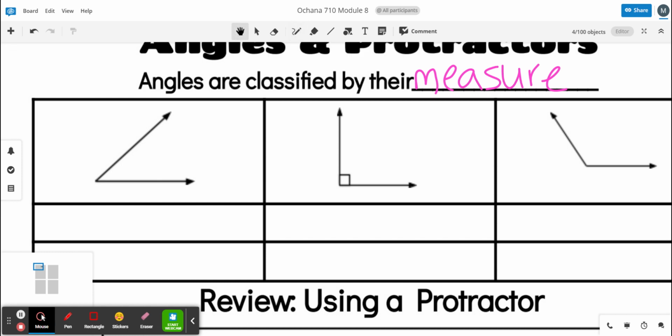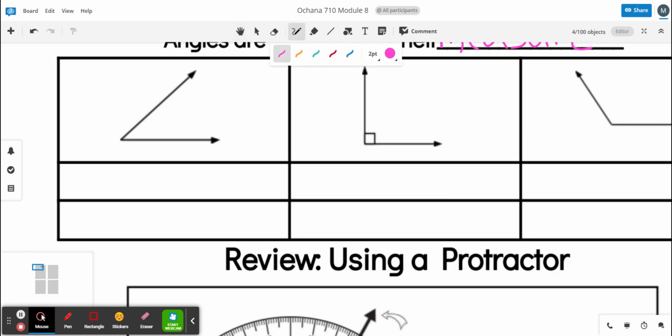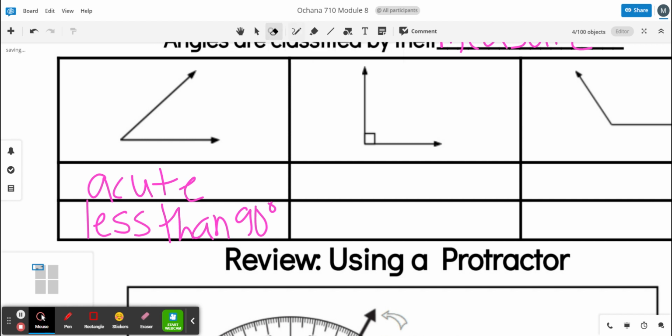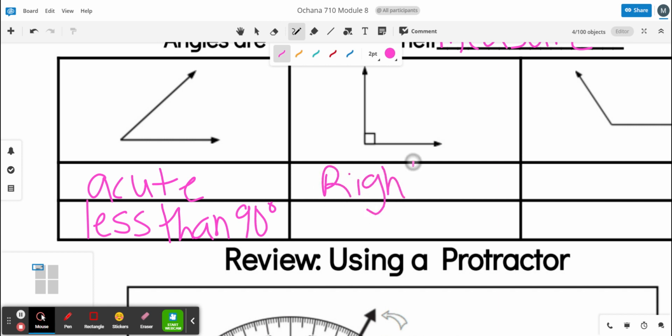So if we look here, the first angle, some of you may or may not know this already, but it is called an acute angle. And these angles are always going to be less than 90 degrees. Then we have a right angle. And these angles are exactly 90 degrees every time.